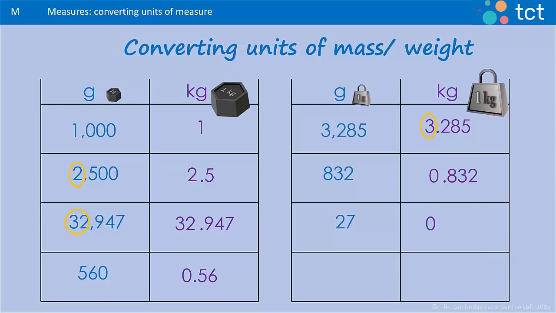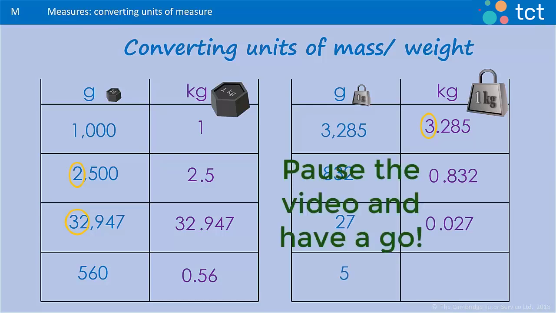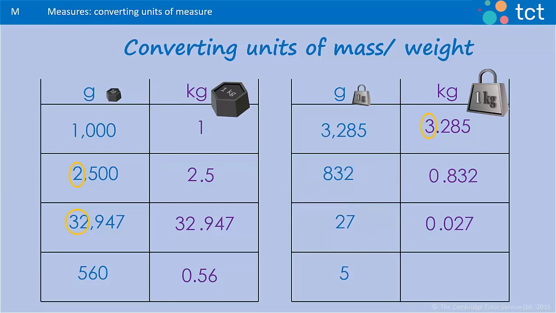Again, there are no kilograms, and when we divide 27 by 1,000, we get 0.027. And if we have just 5 grams, we divide that by 1,000 to find what that is in kilograms, and that's 0.005.